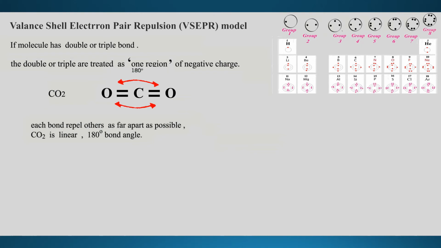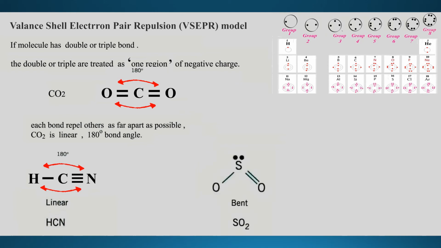Another example, HCN. One is a single bond, the other a triple bond. As I say, don't care how many bonds, just treat as one bond. 180 degrees, linear.